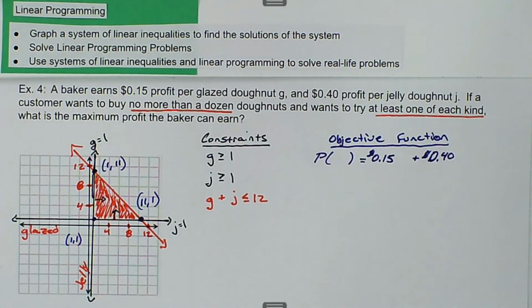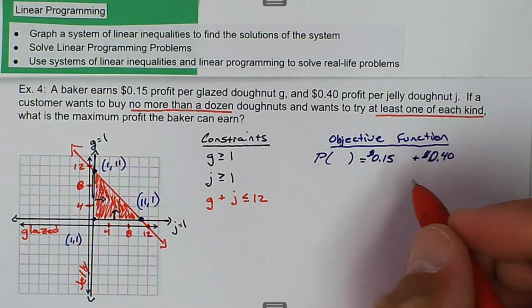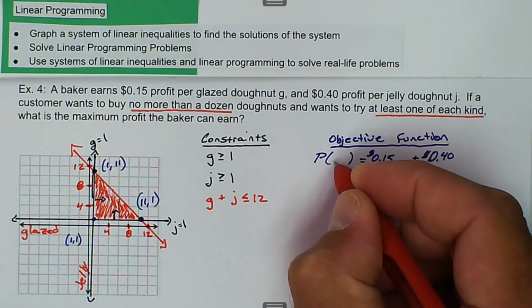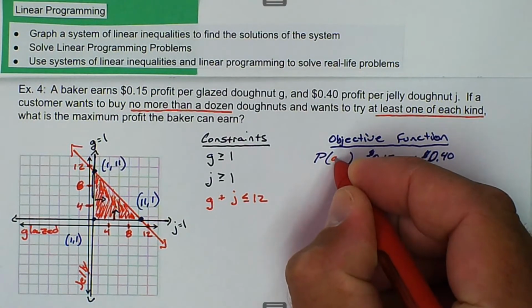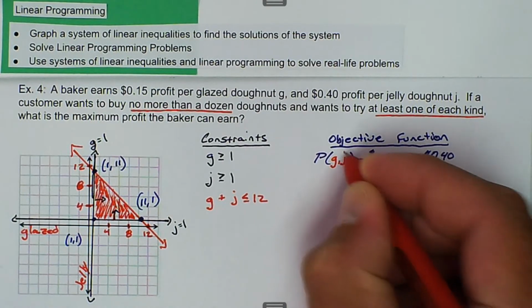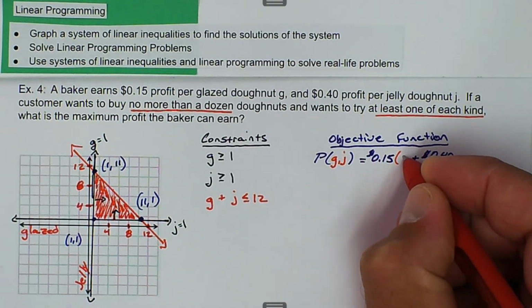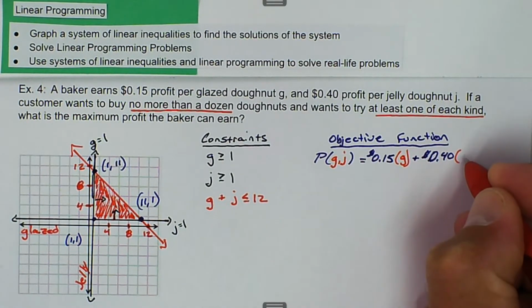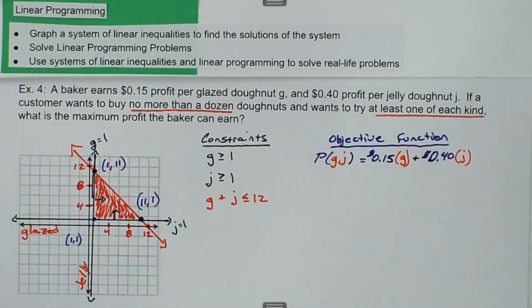So we're talking about profit of the glazed donut and the jelly donut. And we want to find which would yield the most money for the baker. So we only have 3 vertices to check, and we have those written down right there.